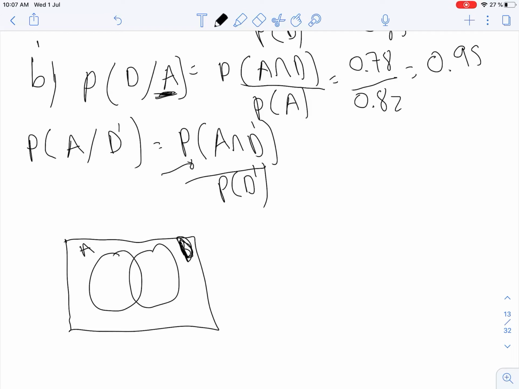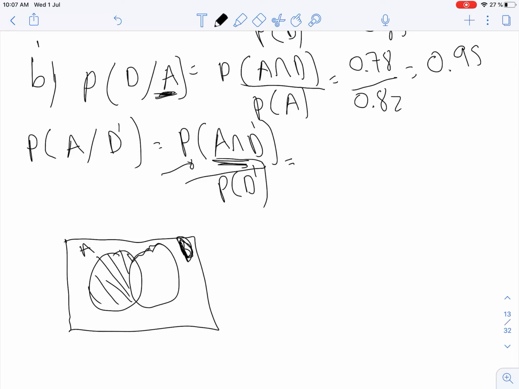The complement, because that's what we're trying to find in this expression, is everything outside D. And the intersection with A will leave us this expression, right? That's the probability of A minus the intersection of A and D. So again, this probability, A intersection D complement, is equivalent to the probability of A minus the probability of the intersection of A and D.